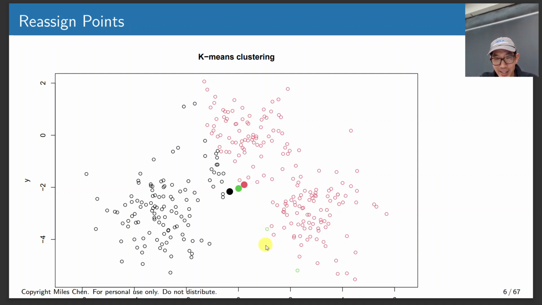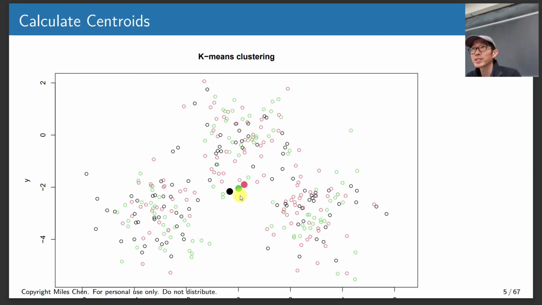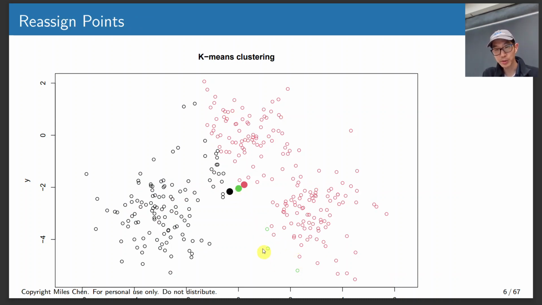Sometimes, by random chance, you could end up with no points closest to green. That could happen, and then you just have to re-roll. Otherwise, you're going to end up with just 2 clusters at the end. But here, the points closest to green are just these 3 points right here.